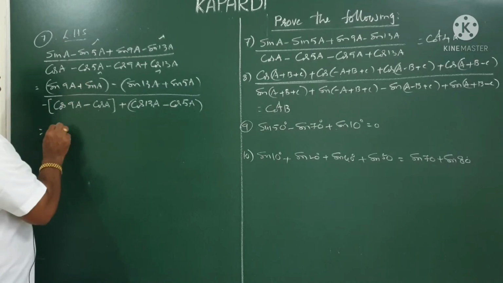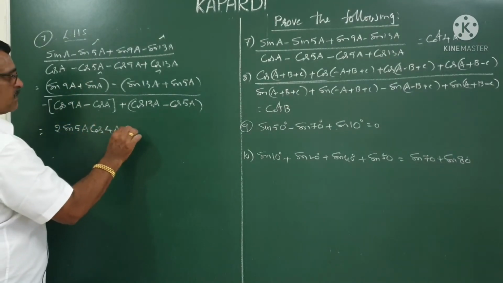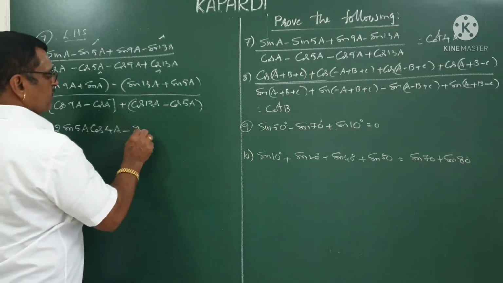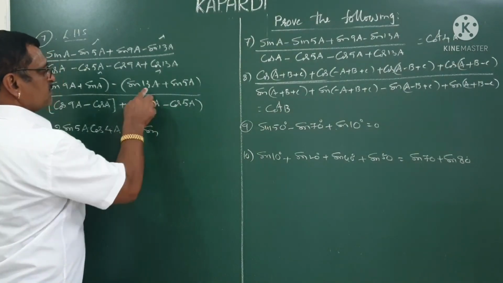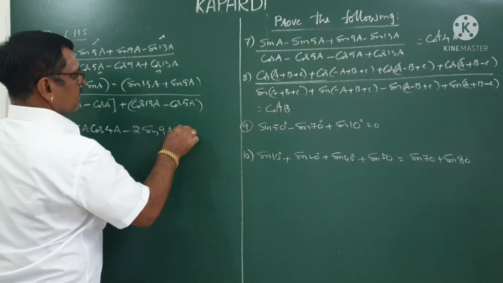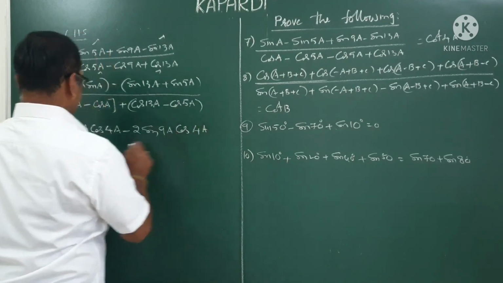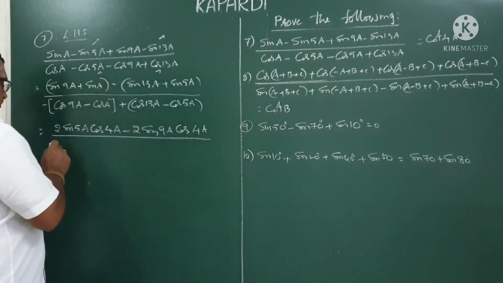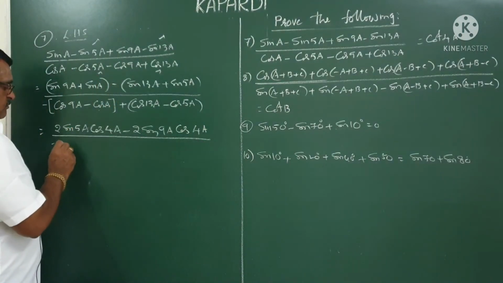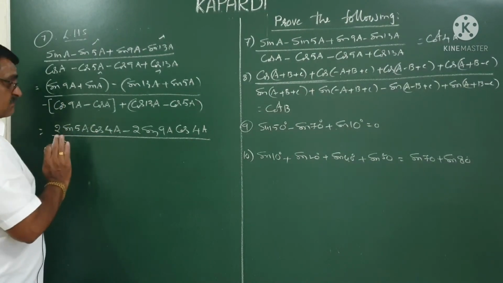Sin C plus sin D, you have 2 sin 5a cos 4a, minus, same thing, 2 cos, 13 plus 5 is 18 by 2, 9a, 13 minus 5, that is 4a, by minus 2, all the minus there, you will get one more minus sign, minus minus will become plus.